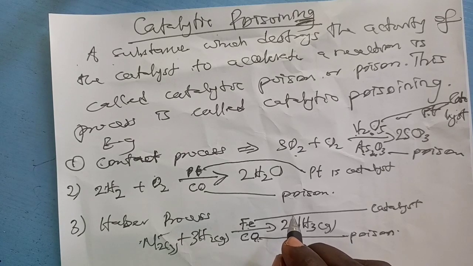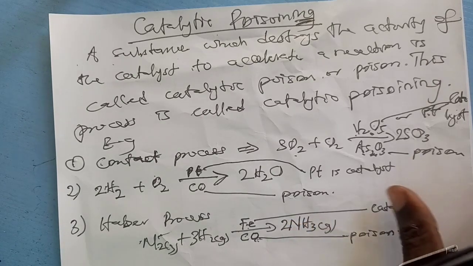And when that happens, the reaction cannot take place because the poison has destroyed the catalyst that would have accelerated the rate of reaction. So the poison is adsorbed on the catalyst surface in preference to the reactant. I believe you understand that.